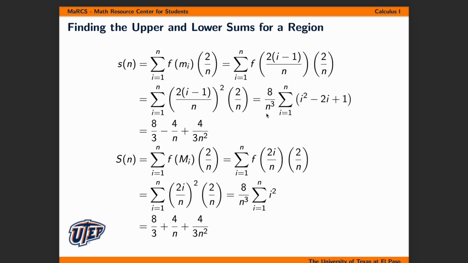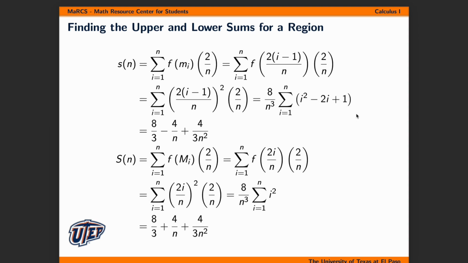So we can take out the n terms, since those are independent of the sum. Then we can take out the n terms as well as the constant 8, and then carry out expanding these and multiplying by the 2, and we get that we are taking the sum from i equals 1 up until n of i squared minus 2i plus 1, and that will be multiplied by 8 divided by n cubed.